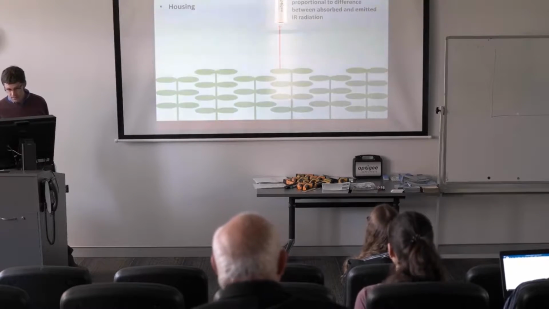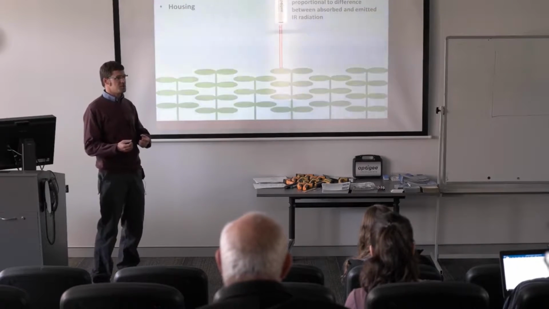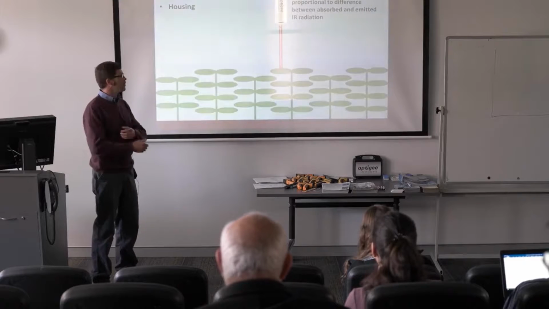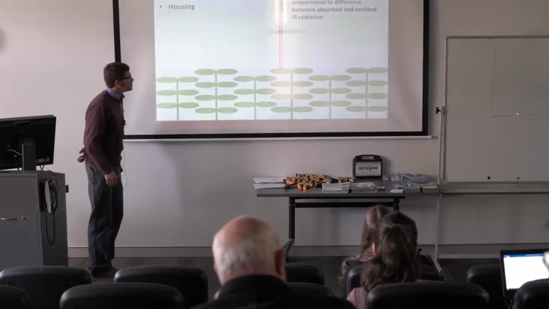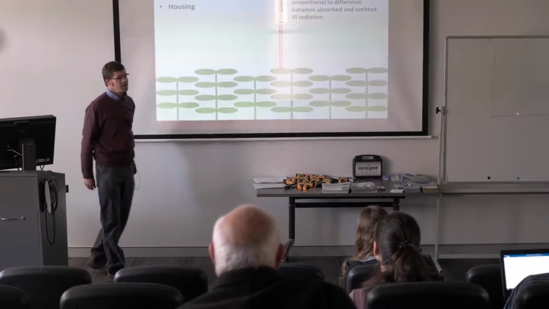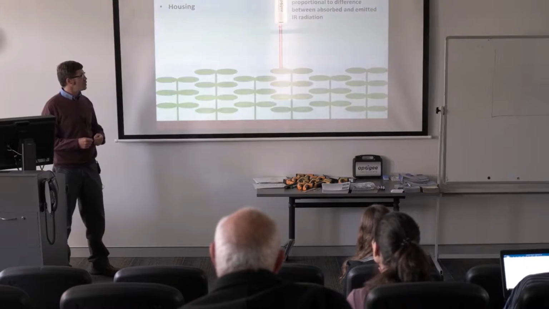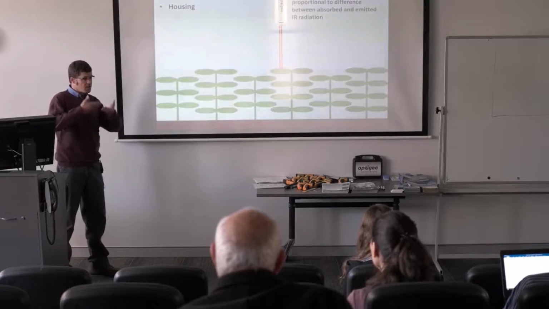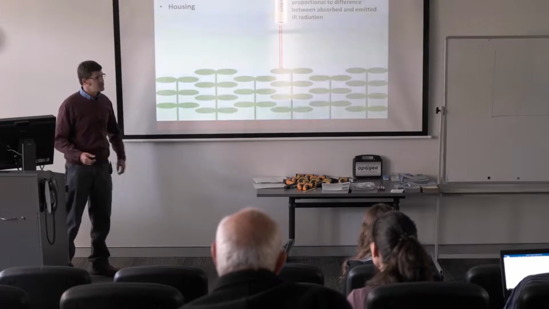And the sensor itself has a temperature above absolute zero, so it's also going to be emitting radiation back out, so to speak. And the signal that's actually measured by the radiation detector inside the radiometer is proportional to the difference between the absorbed radiation that's coming from the surface that you're pointing it at and the emitted radiation from the detector itself.